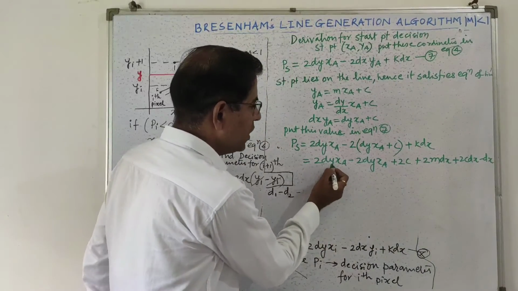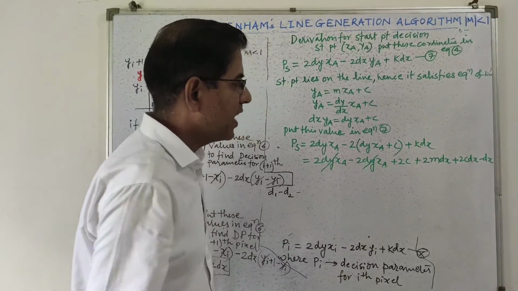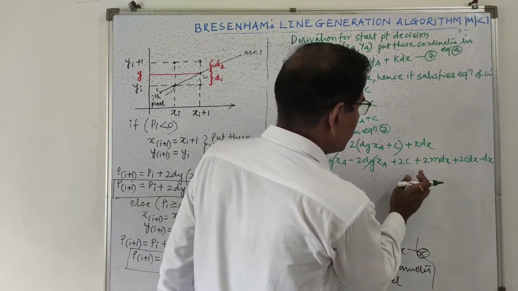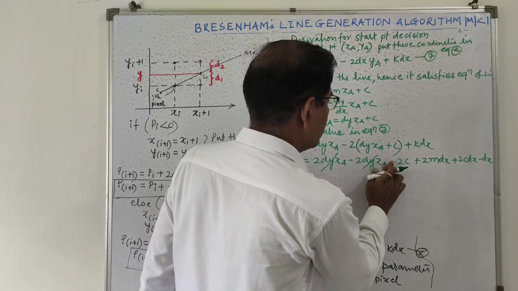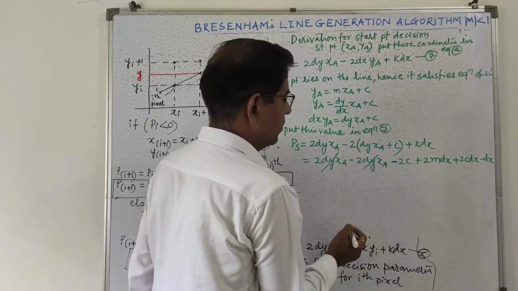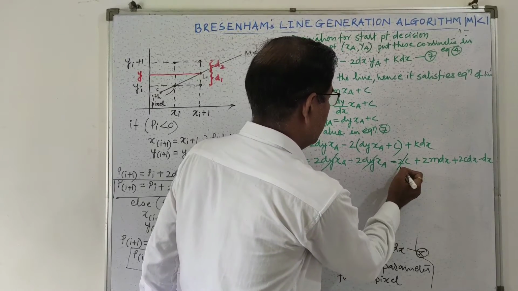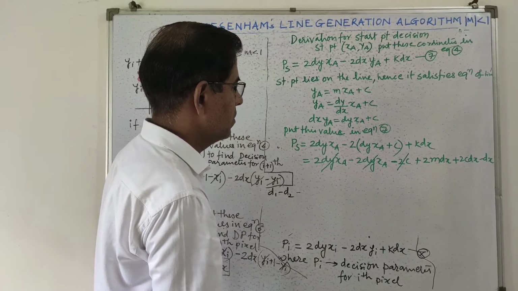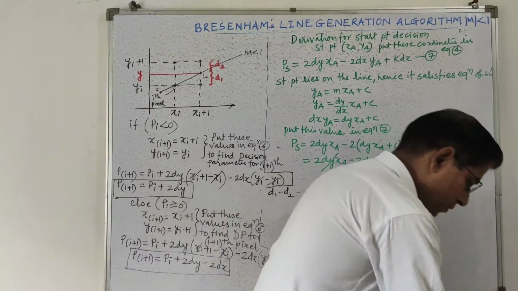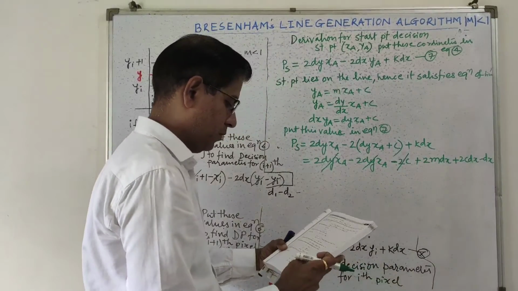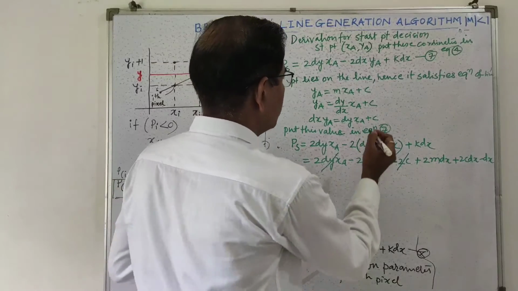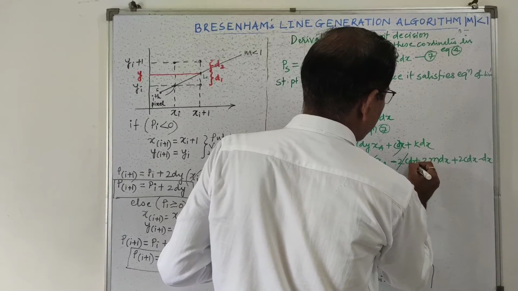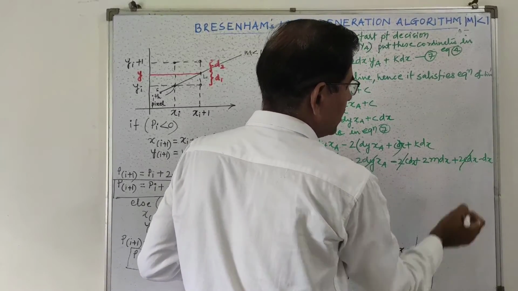So 2 dy xa gets cancelled, and minus 2c dx and plus 2c dx get cancelled.